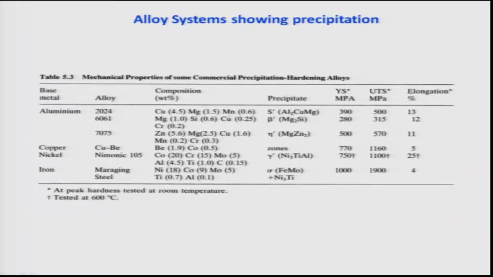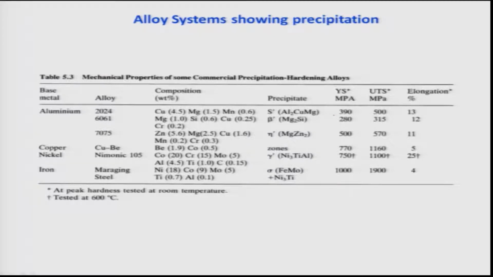The phase which forms as a precipitate is S prime, that has a composition of Al2Cu with a little bit of magnesium present, and it shows a very drastic change in the properties compared to aluminum. Aluminum has a yield strength of about 60 MPa, whereas this alloy has a yield strength of about 400 MPa. That is a huge increase.